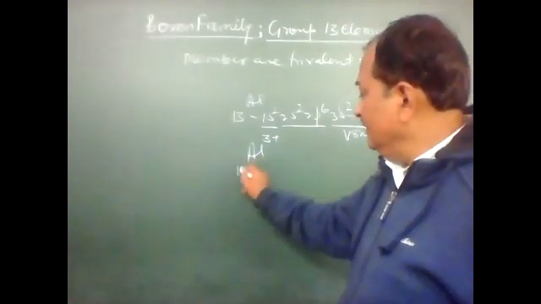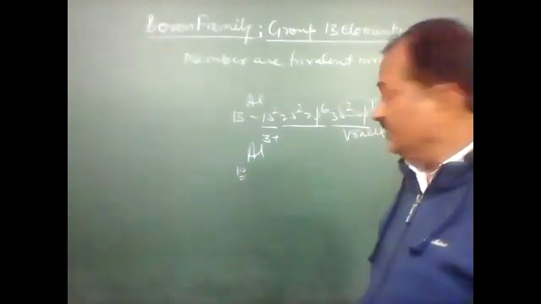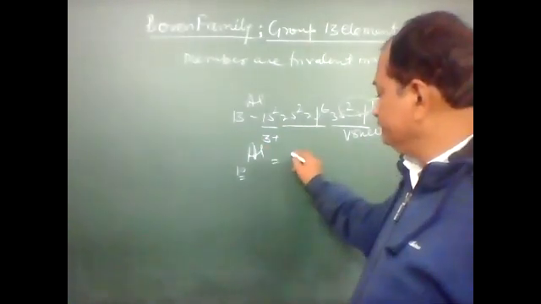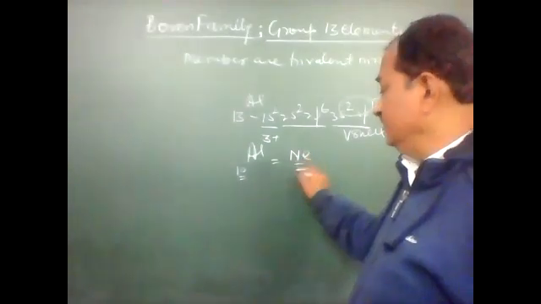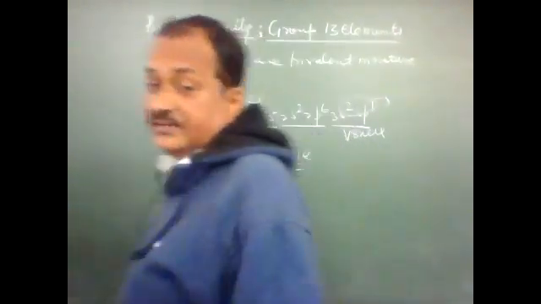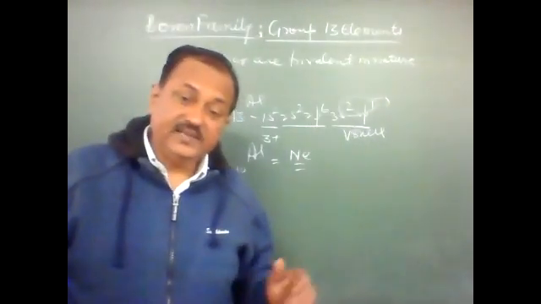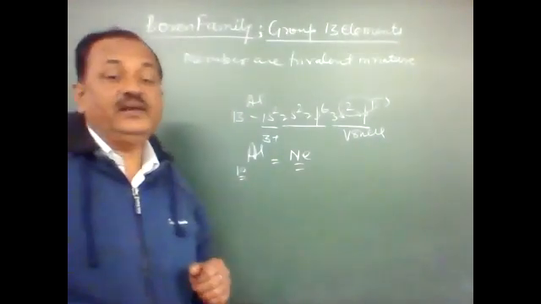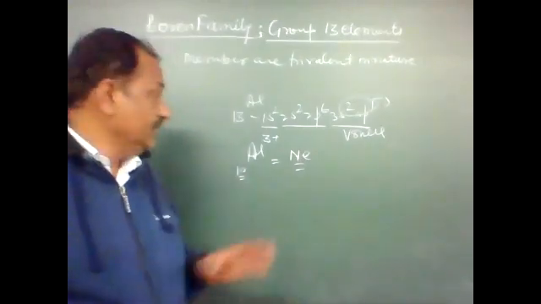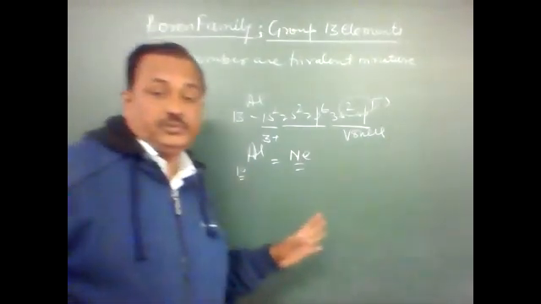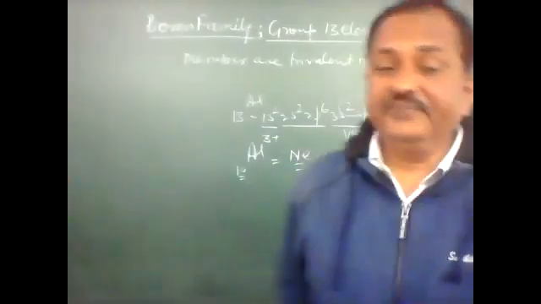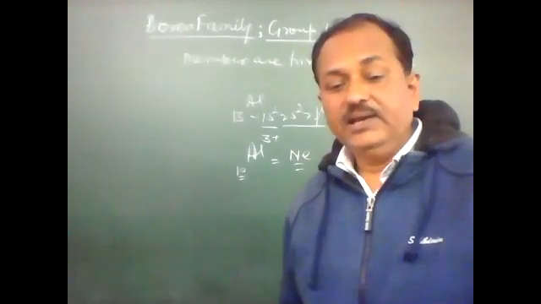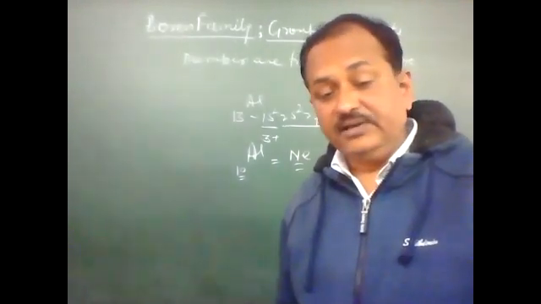Here it has 10 electrons, and as a result it becomes equal to neon. Elements acquire the nearest noble gas configuration by the loss or gain of electrons. This is a very important point.